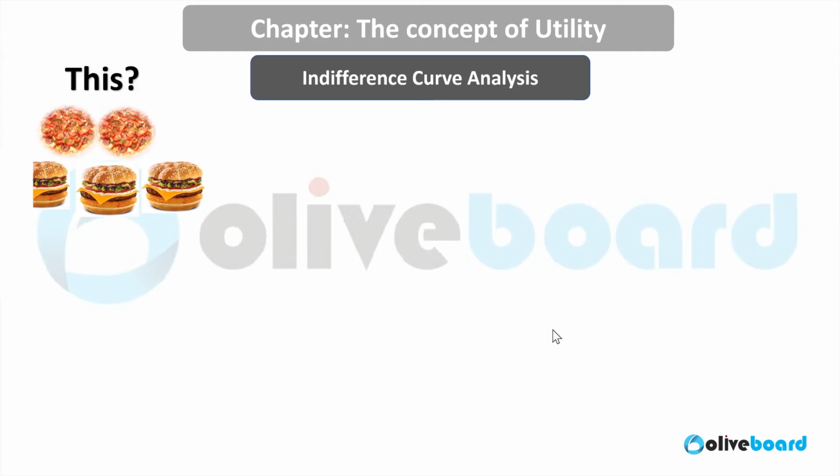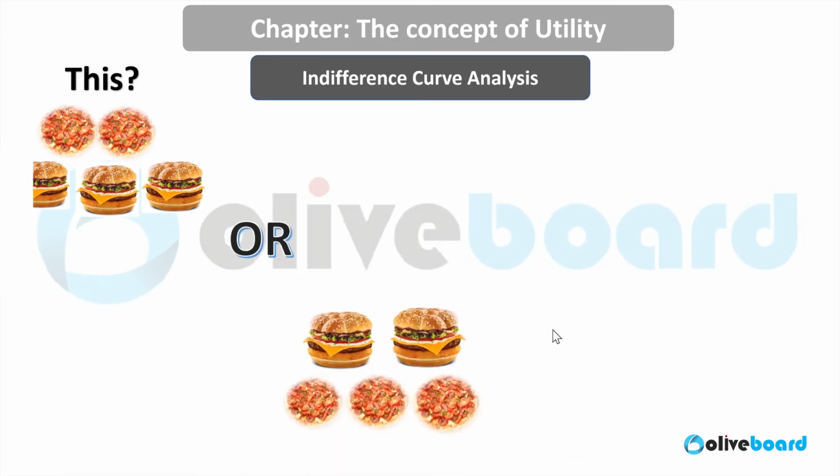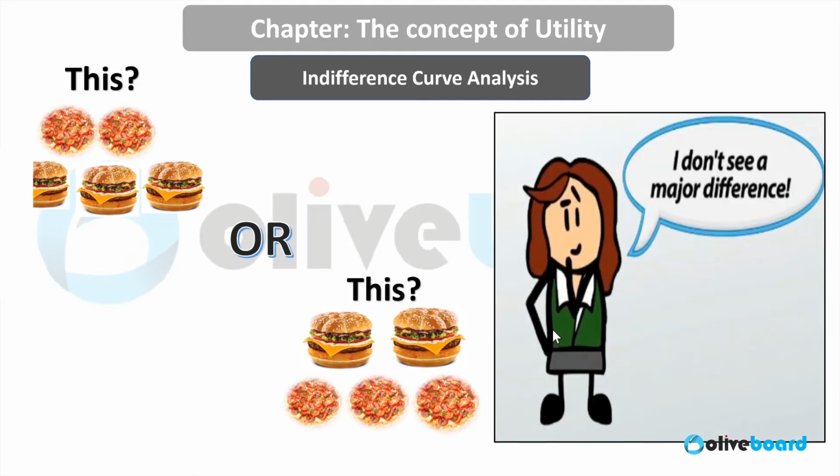Now you have 2 pizzas and 3 burgers here and 2 burgers and 3 pizzas here. When I ask you to choose one among them, you would initially say, I would like to have 2 pizzas and 3 burgers.